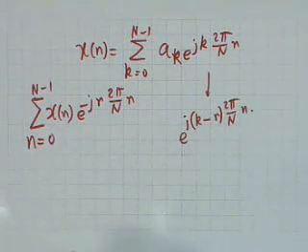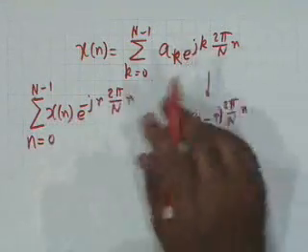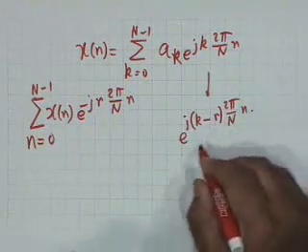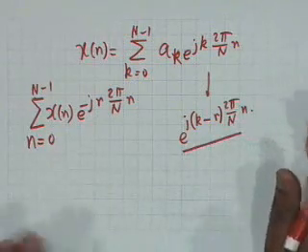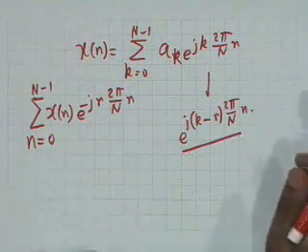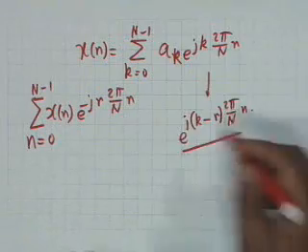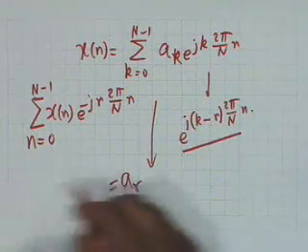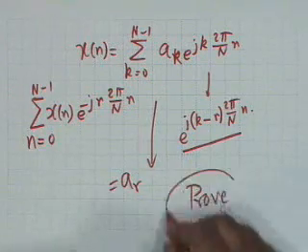They are independent of each other, and the only condition under which this exponential summed over one period gives you a non-zero value is k equal to r, and that is how on the right hand side you get exactly a_r. I urge you to prove this. I shall skip this proof.